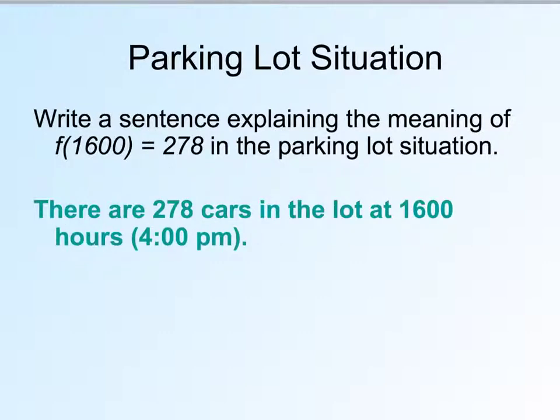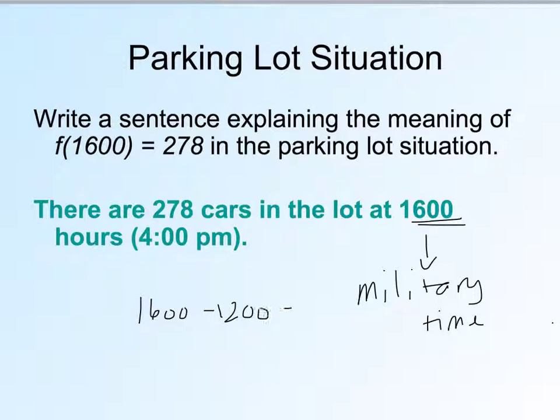So there are 278 cars in the lot at 1,600 hours. So 1,600 hours, they're actually talking about it in military time. So 1,600 minus 1,200 is 4 p.m. So at 4 p.m. there are 278 cars.